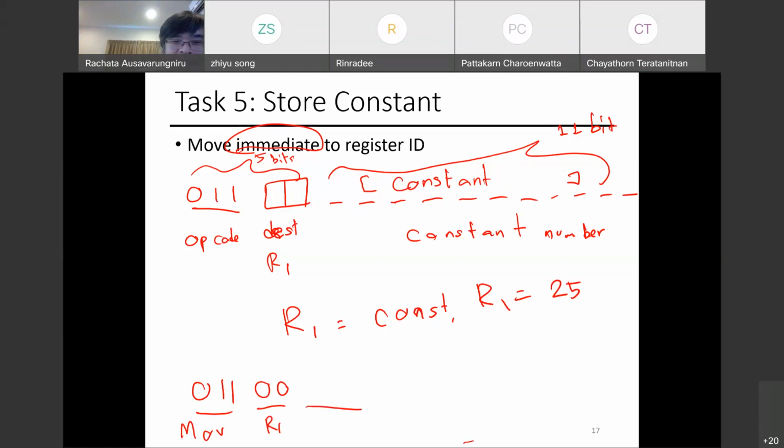The rest of the bits here. Exactly, yes. 0, 0, 0, 0, 0, 0, and I think that's 1, 0, 0, 1. Because this is exactly the value 25, right? And that's it. Now the computer knows, okay, I'm going to put the value 25 into R1.